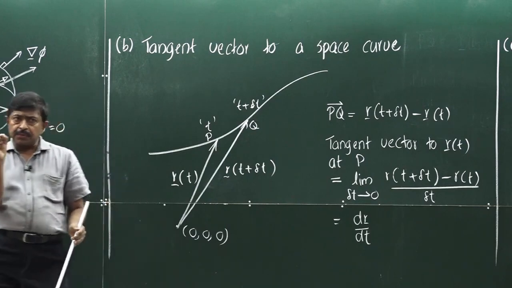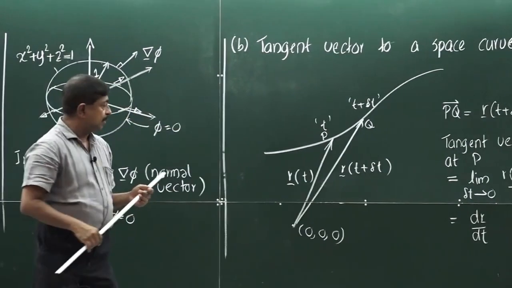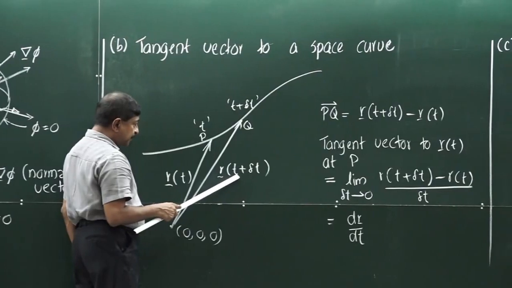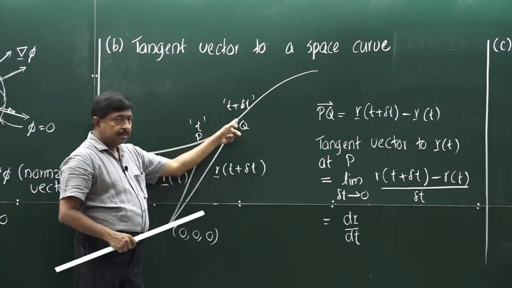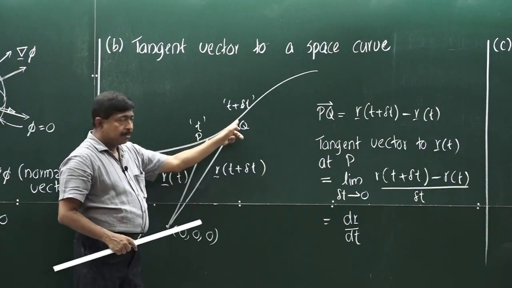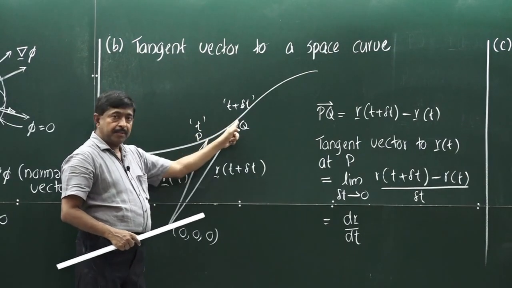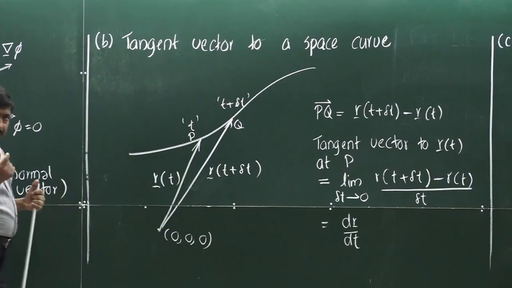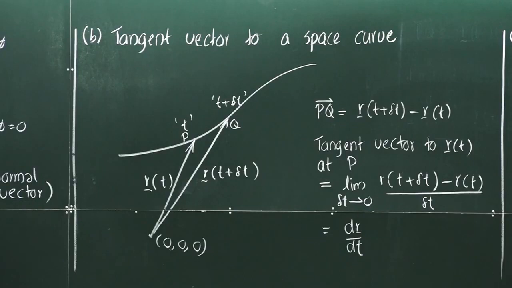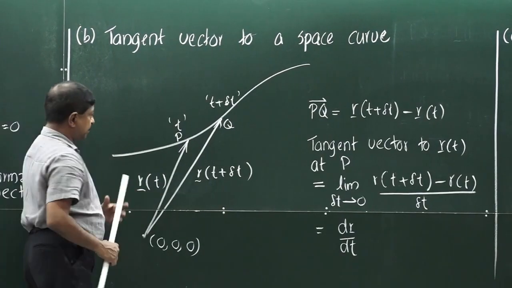Now, if you give an infinitesimal change to that t, it will increase to t plus delta t. At that point you are at a different point, but which is nearby. Therefore, P and Q sit nearby, but they are different because of this delta t.